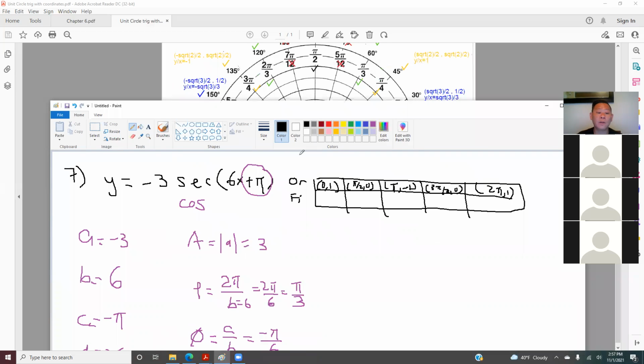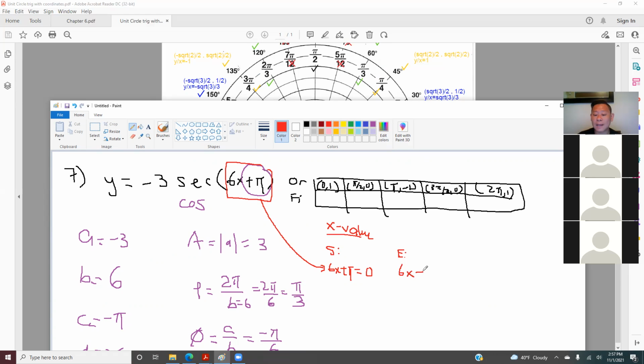Okay. And what we do next is we need to figure out your x values in this case. So how do we figure out your x values? You have the starting point and you have the ending point. So you take whatever is inside your parentheses here, 6x plus pi, you make it equal to 0 because you start at 0.